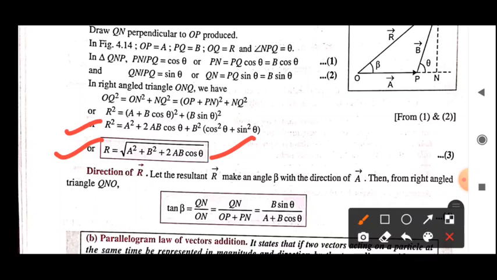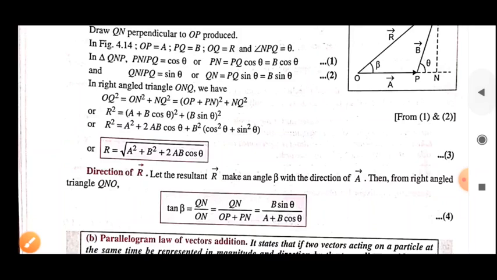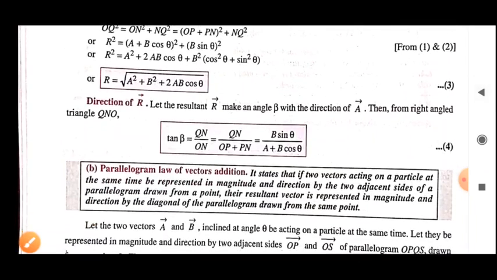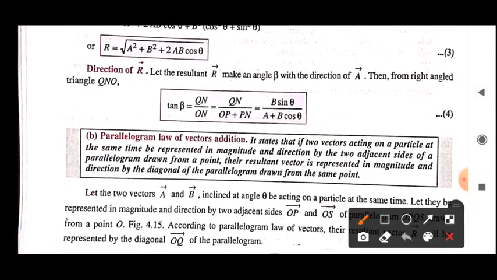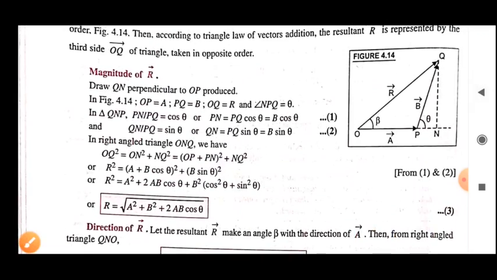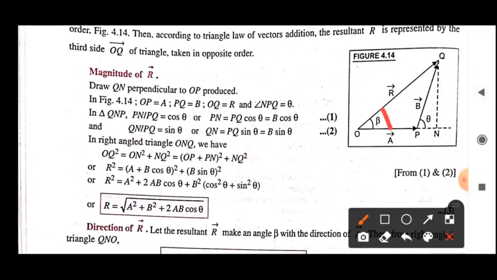So this is the analytical way to find out the resultant of two vectors A and B if they are acting at the angle theta. And if you have to find out the direction of the resultant vector, the direction can be calculated as tan beta. You can see this angle is beta.